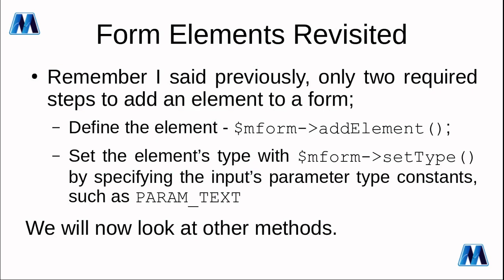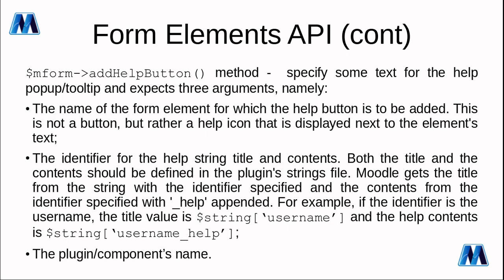Okay. So if you remember from our previous visit to the form, you only had two steps required to add an element to the form, which is add element and set type. Not for all of them, but for most of them, you need to set the type. So let's look at some of the other methods. So add help button.